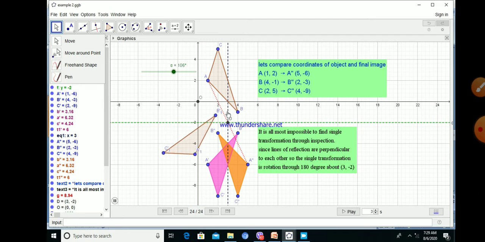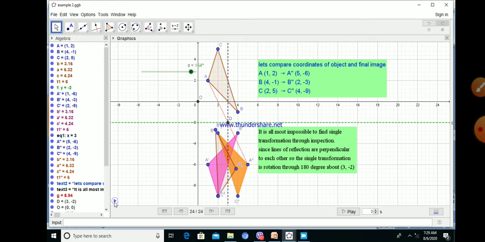So what will happen if that angle becomes 180 degrees? At 0 degrees it overlaps with the object, and at 180 degrees it exactly overlaps with the final image.